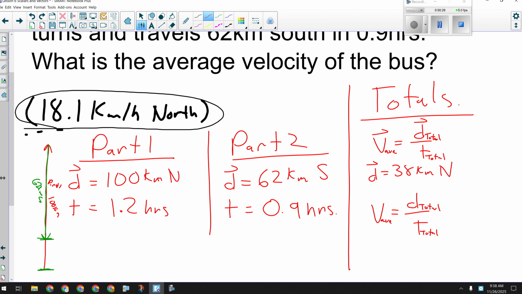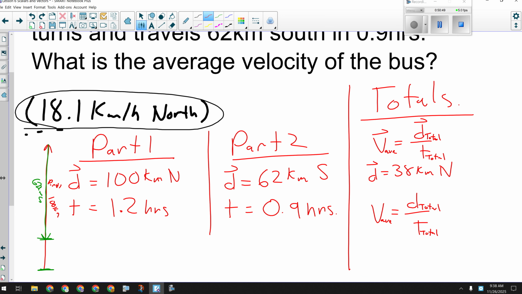Total time spent on the road, 2.1 hours. Okay, I subtracted the displacements. Why did I subtract the times? You can't. Time is scalar.